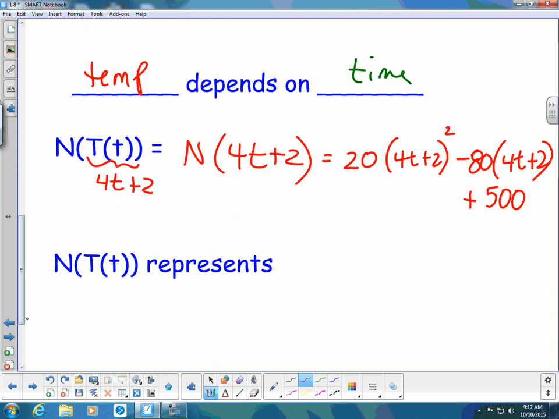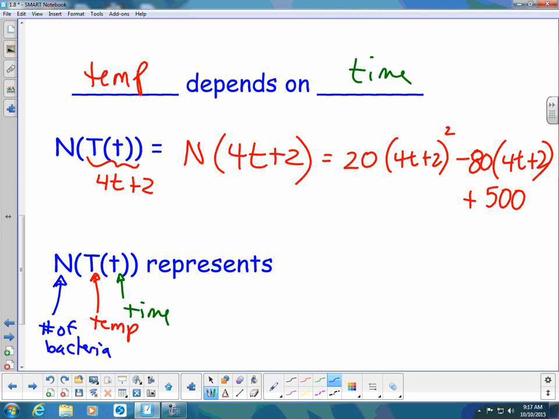All right, and what does capital N of T represent? Well, remember, lowercase t was representing the time in hours. This capital T was representing temperature. And this capital N was representing the number of bacteria.